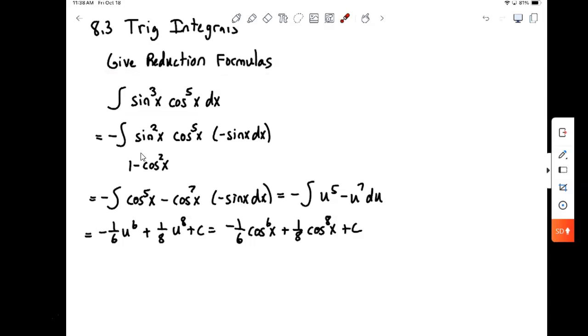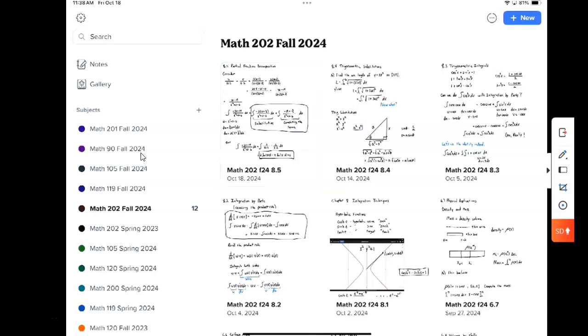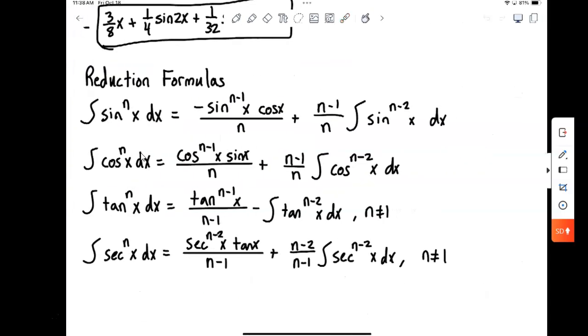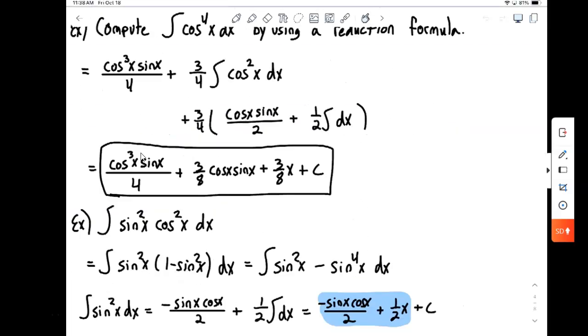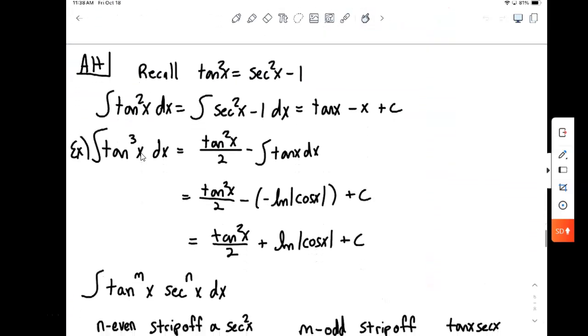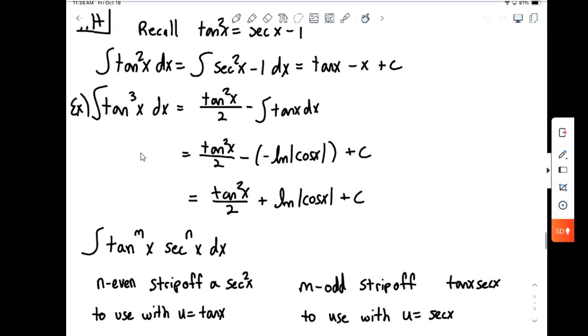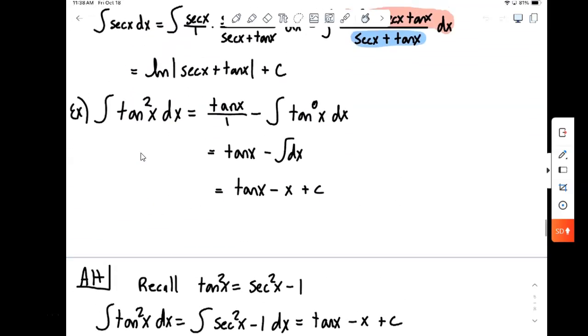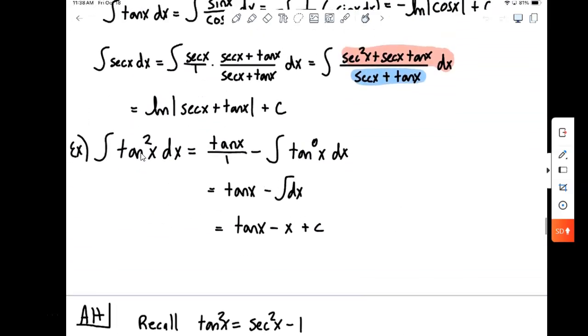And then we had similar ideas as well with the tangent and secant integrals, which you can again find more examples of. So again, there's all of our reduction formulas. Those will all be provided for you to use. And then remember, we had our rules as well for working out integrals with tangents and secants.